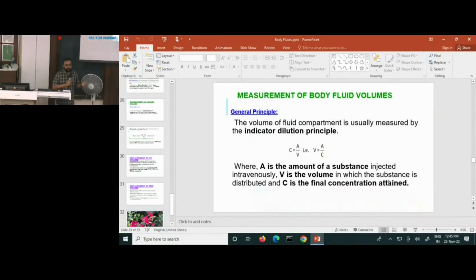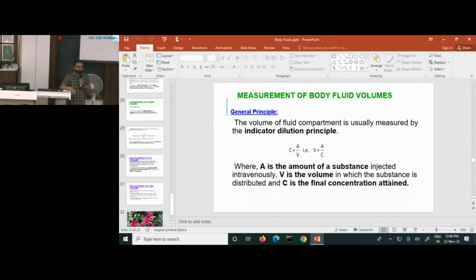We inject it in the blood, and after some time we take the concentration of that particular substance in the blood, or blood means plasma. If we check the concentration now, we can have an idea of how much is the volume of the blood, because concentration, how to calculate?